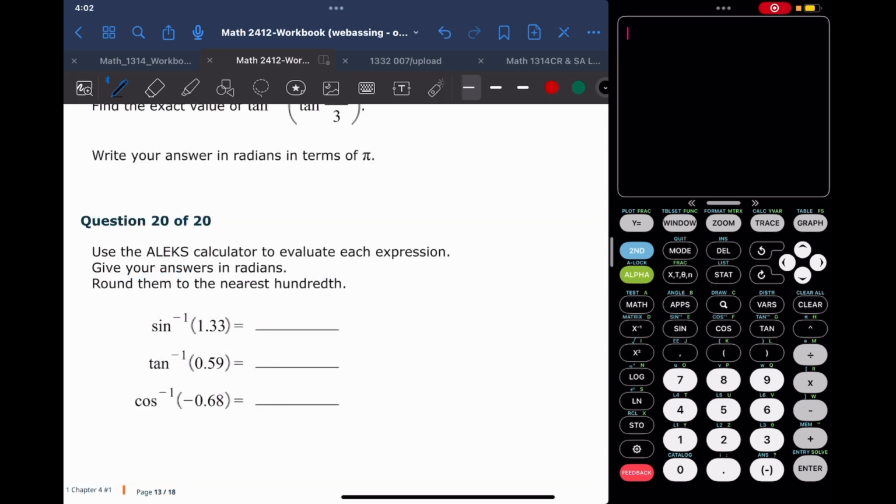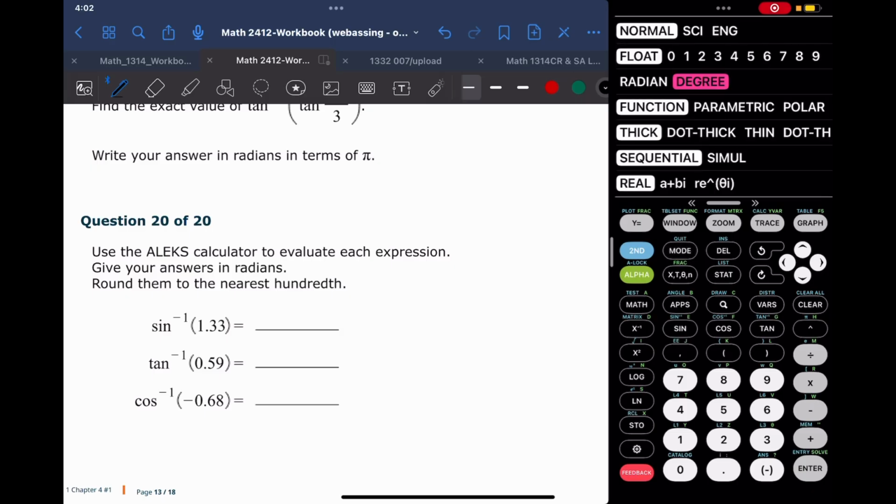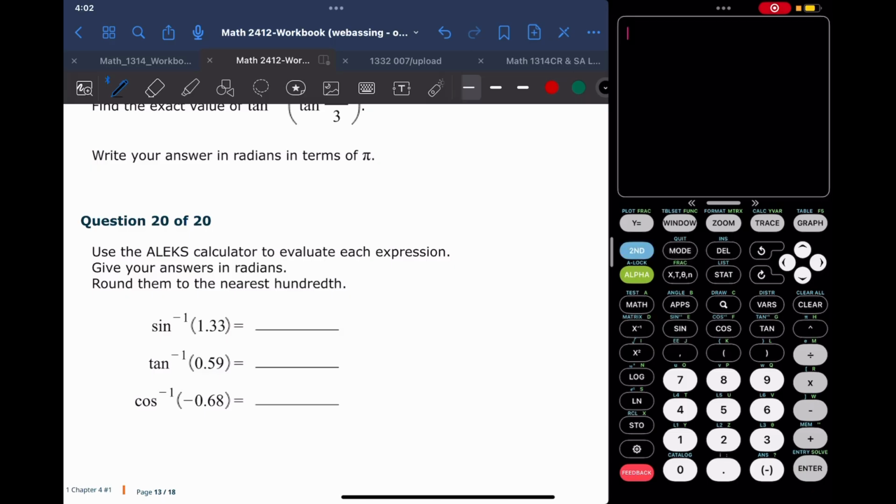So this says we're going to do everything in radians, so make sure we're in radian mode. This is going to be second sine 1.33. And that is undefined. So when it says not a real answer, that's going to be undefined.